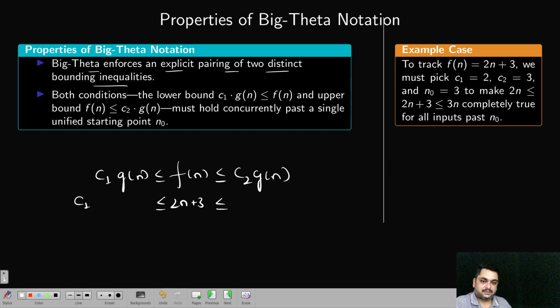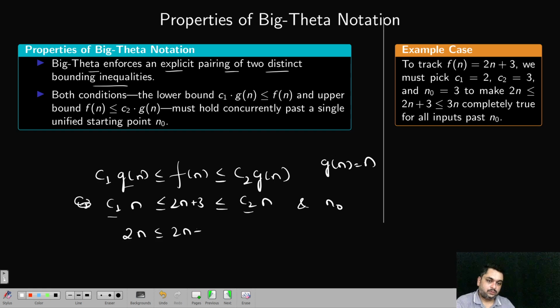Let us say g of n is n in both cases, so c1 n and c2 n. Then you have to choose c1, c2 and n naught values. I choose c1 as 2, so 2n is less than or equal to 2n plus 3, less than or equal to c2 n, and you can choose c2 as 3. Now you have to find the n naught value.